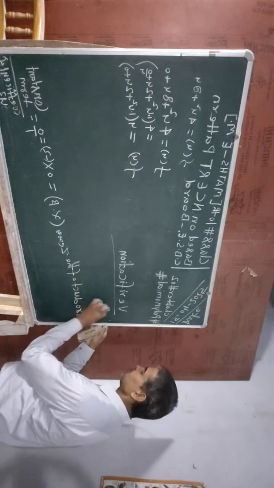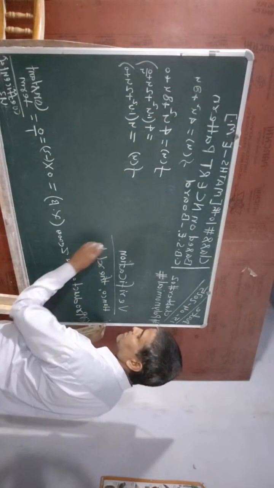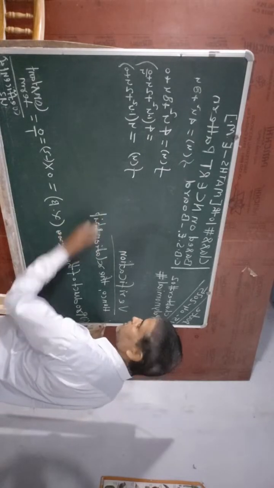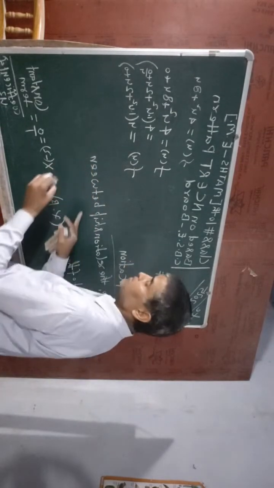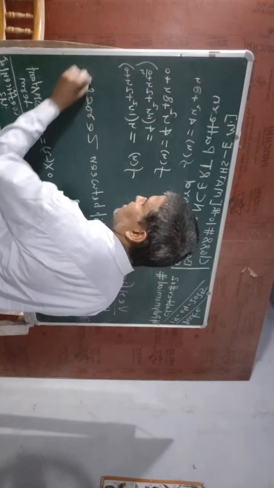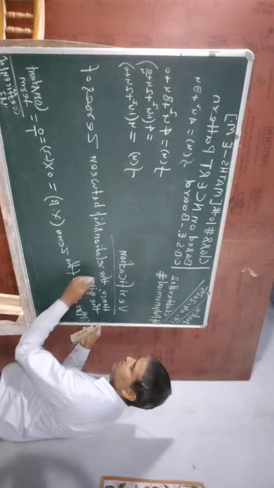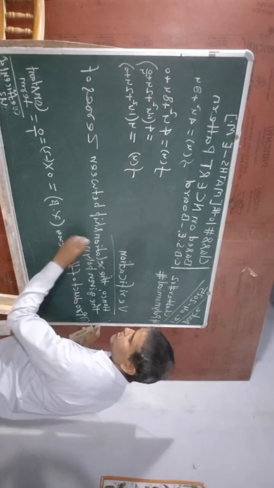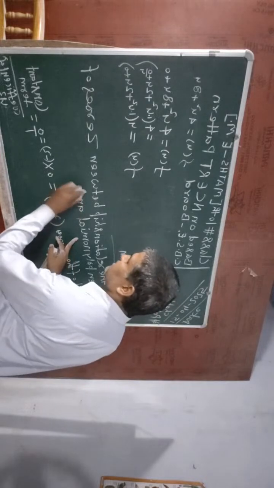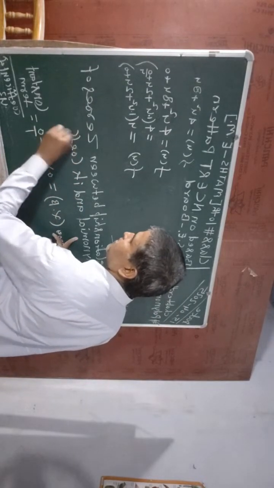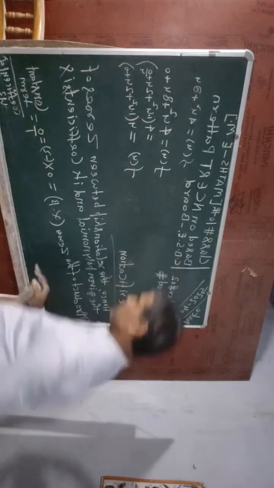Therefore here I will write: hence the relationship between zeros of the given polynomial and its coefficients is verified.